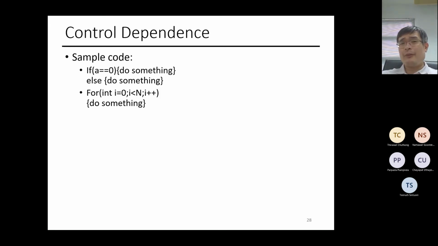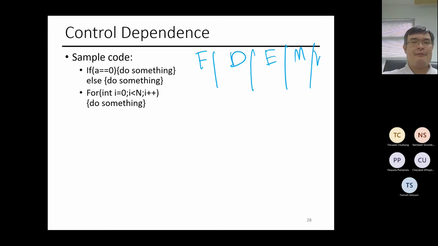If I have an if-else or a for loop, again, if you look at the pipeline, you have fetch, decode, execute, memory, and write back. When do I know what the next instruction is that I'm going to fetch? At what stage do I have to know the address of the instruction I want to fetch?